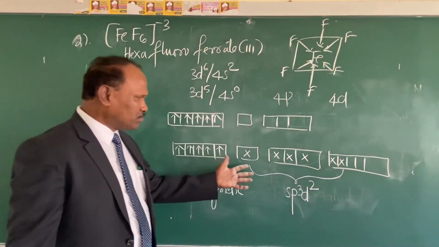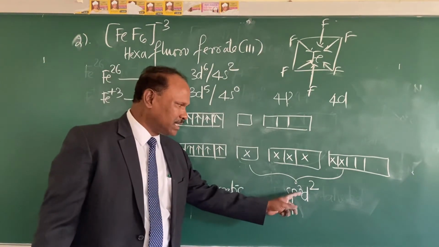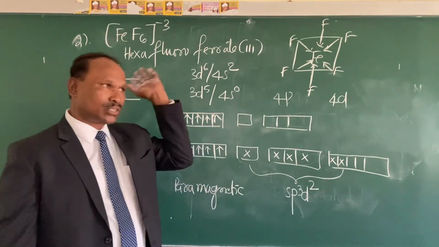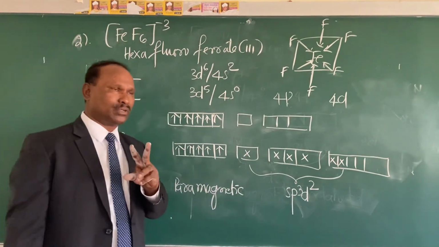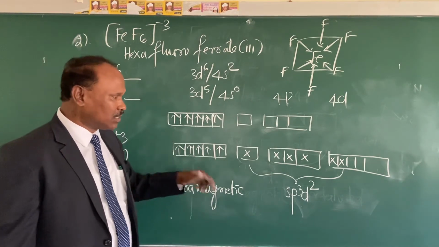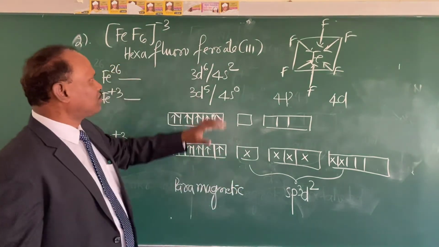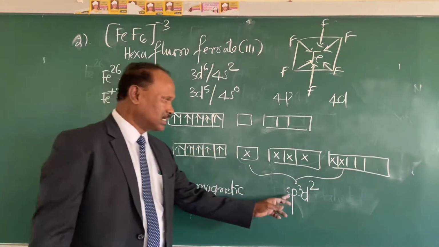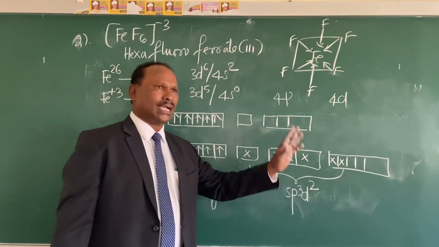And here you observe it has undergone sp3d2 hybridization. In the other 2 examples, the first 2 examples, they have undergone d2sp3 hybridization. Here you are noticing in this hexafluoroferrate 3 ion, it is undergoing sp3d2 hybridization.